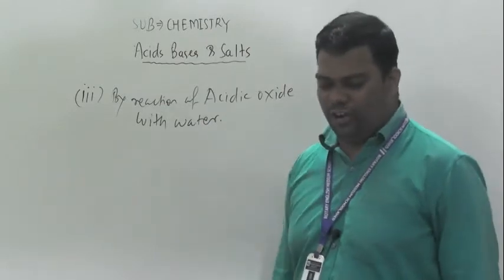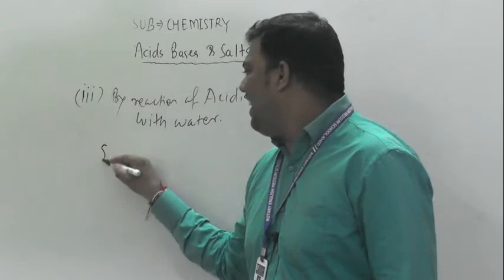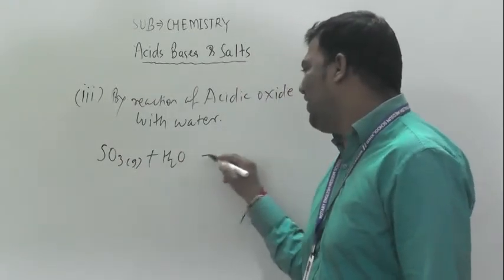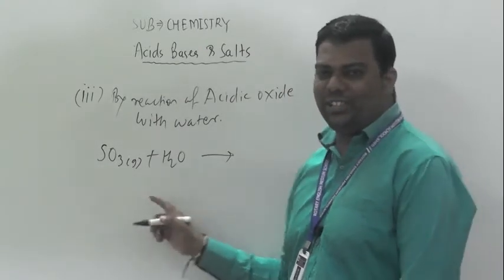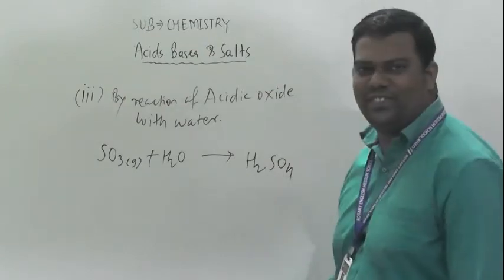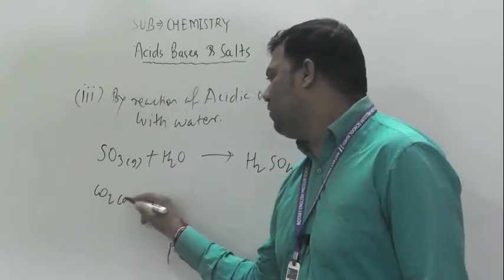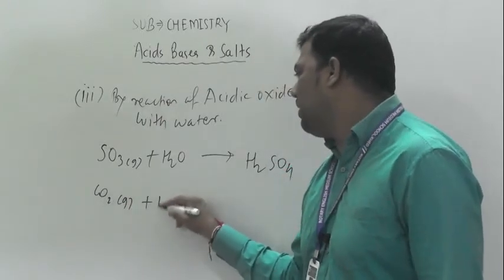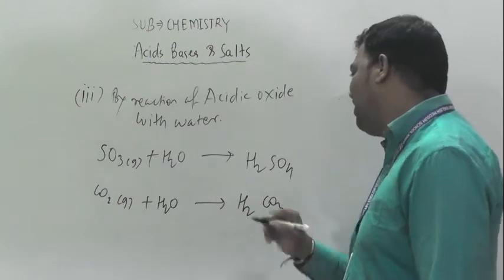So acidic oxide, SO3 gaseous plus H2O, simply you will get H2SO4. Understood? And if you take CO2 gaseous plus H2O, what will you get? Yes, H2CO3.